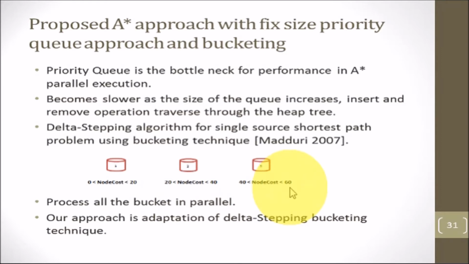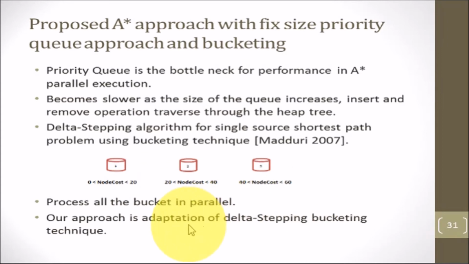Now what they do is they process all these buckets in parallel, allocating one thread to each bucket. Now this is possible only for the single source shortest path problem, but this is not appropriate for a two pair shortest path problem, which is our problem.